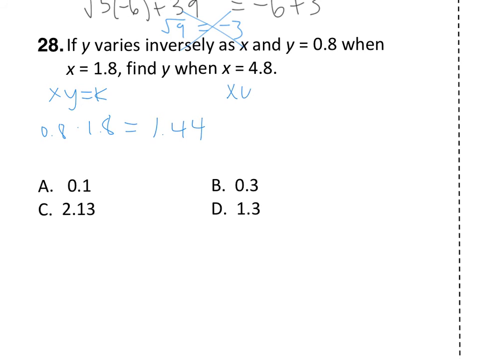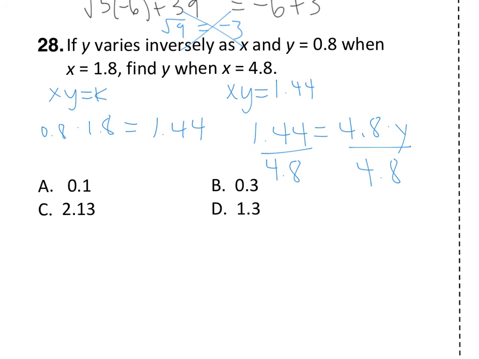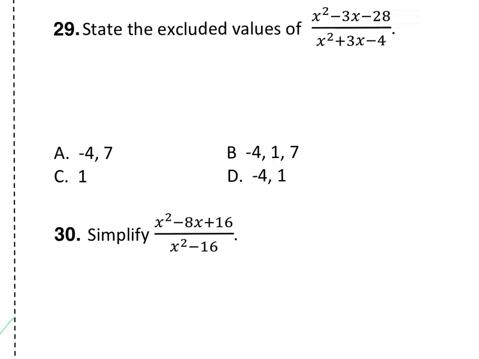So I have xy equals 1.44. So now, if I know that 1.44 must equal 4.8 times y, now I just have to solve for y and divide by 4.8. So 1.44 divided by 4.8 is 0.3, which here for us would be letter B.